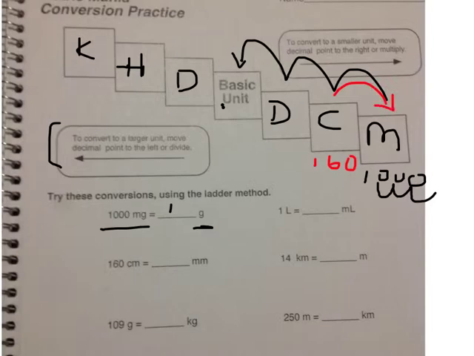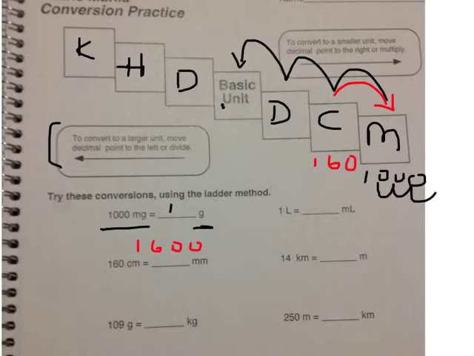Am I going to a smaller unit? Yes, milli is smaller than centi. So I need more millimeters to fill up that centimeter, which is why I'm going to move the decimal point one spot, which will give us 1,600 millimeters, because there's more millimeters that are going to get filled into that centimeter spot.